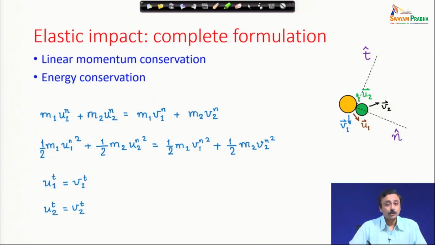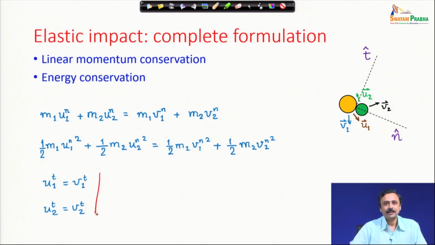So, we really get four conditions to solve for the four unknowns that we started off with. Four scalar equations for four unknowns. These two are trivially solved because the initial velocities u1t and u2t are specified.